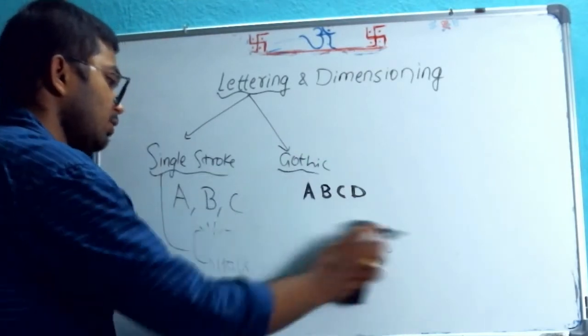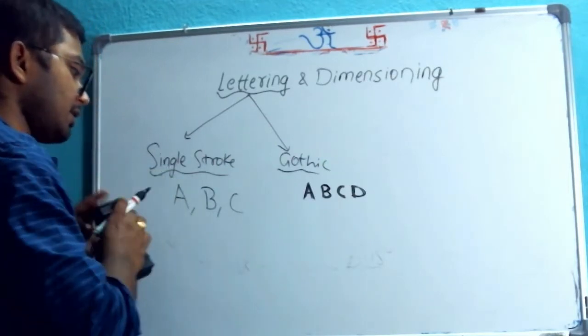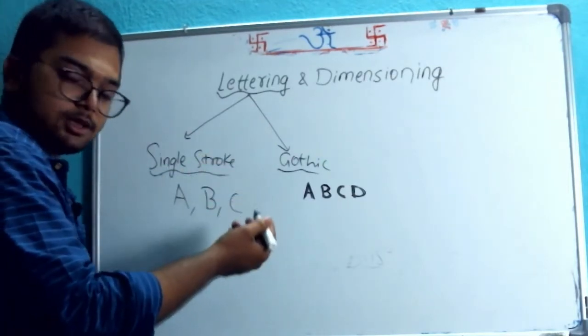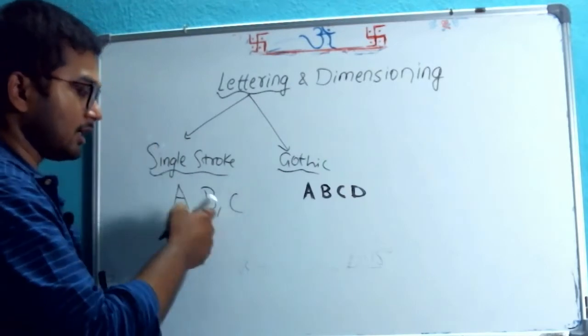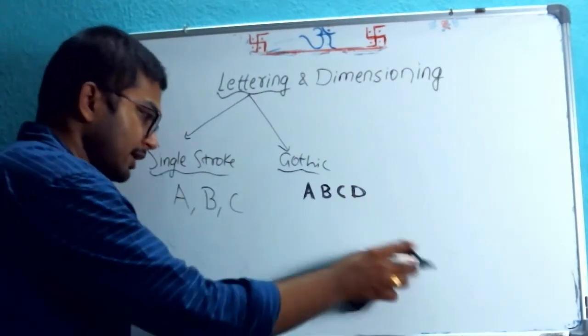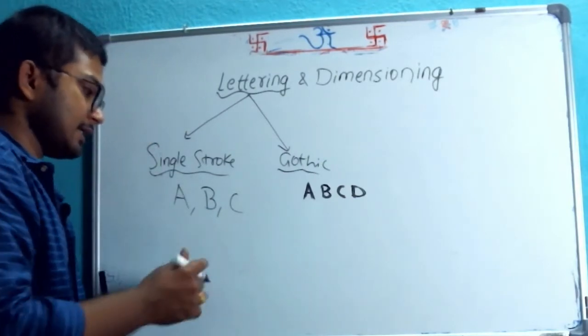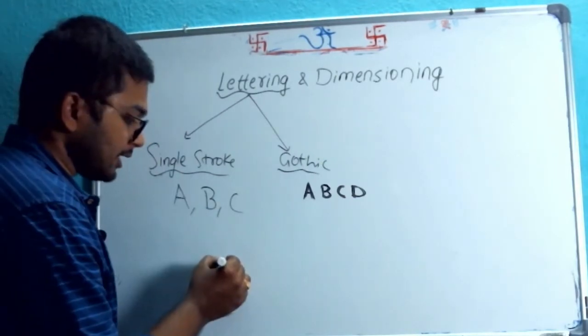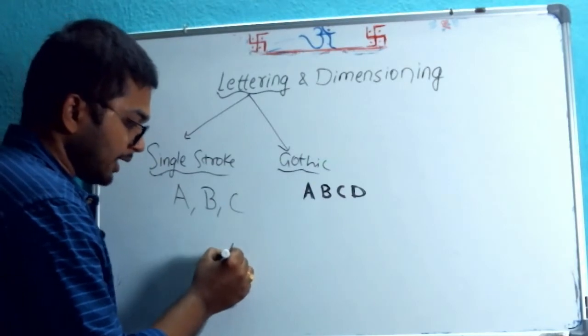When I say single stroke, you might be thinking that I should not lift my pen or pencil when I'm writing these letters. No, that is wrong. We can lift it. But for appearance, the letters will be as if, when I start writing a letter, I don't come back and go again.